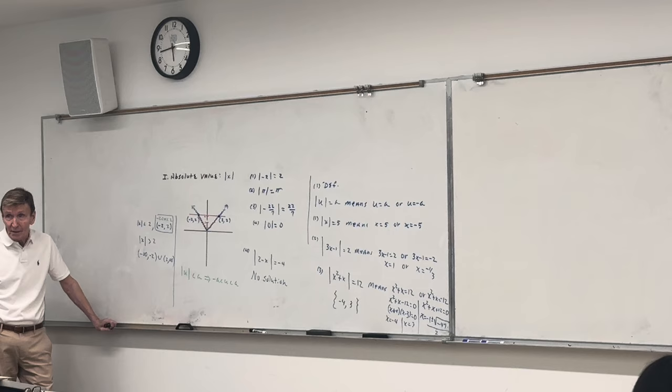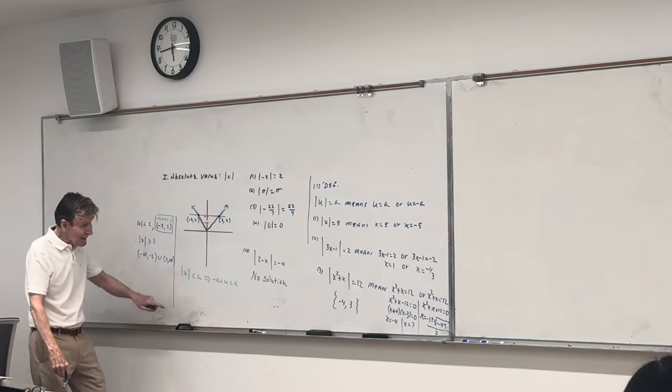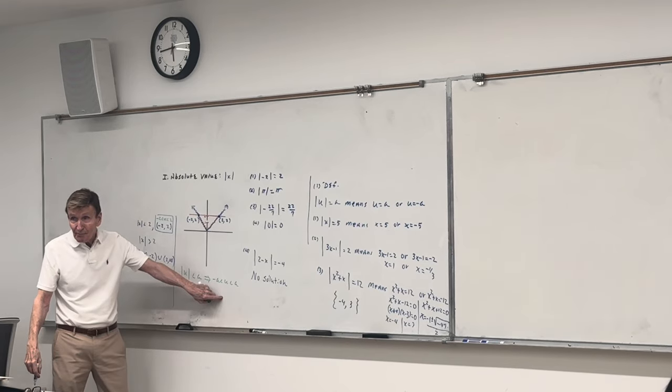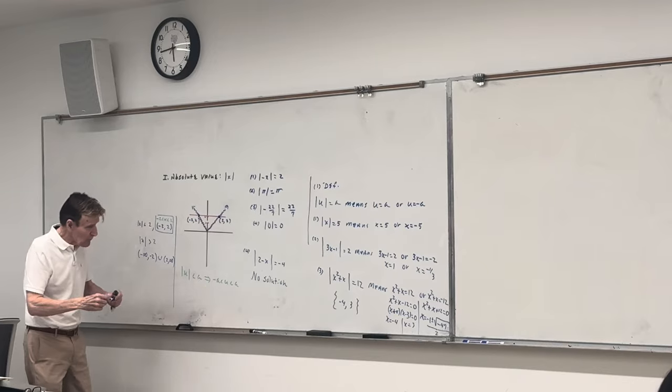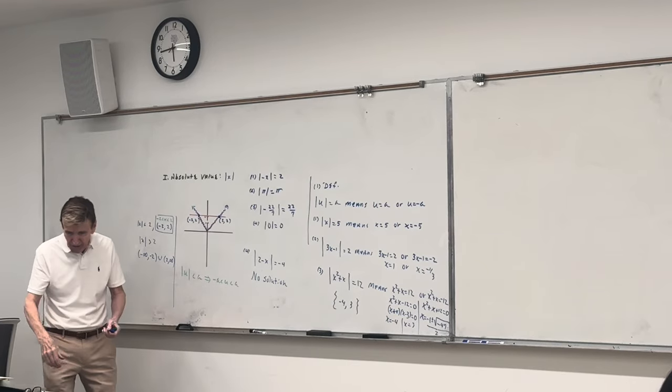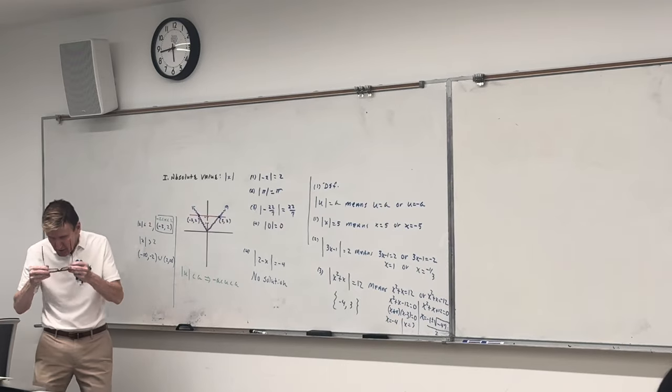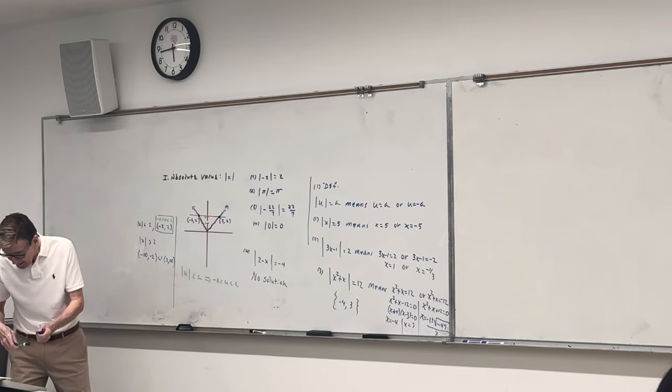And they wrote it like this. That's an outcome of that sketch there. The textbook wrote this without a sketch. They should have shown a sketch and shown you guys how they got this.